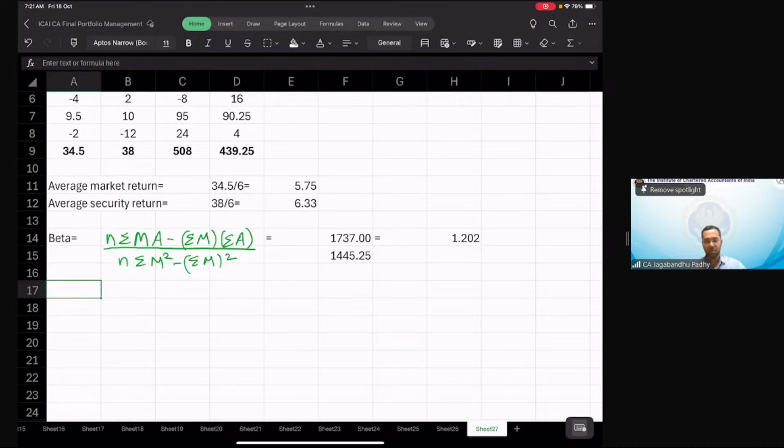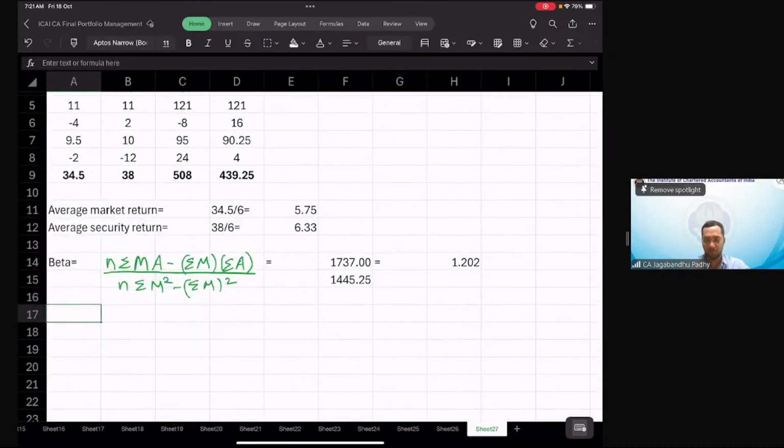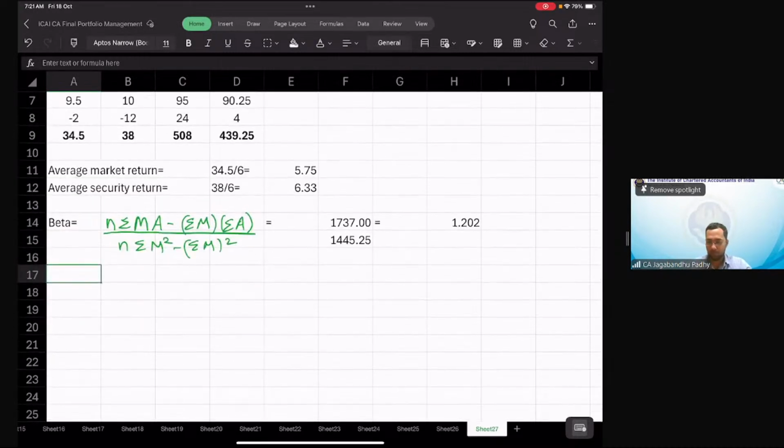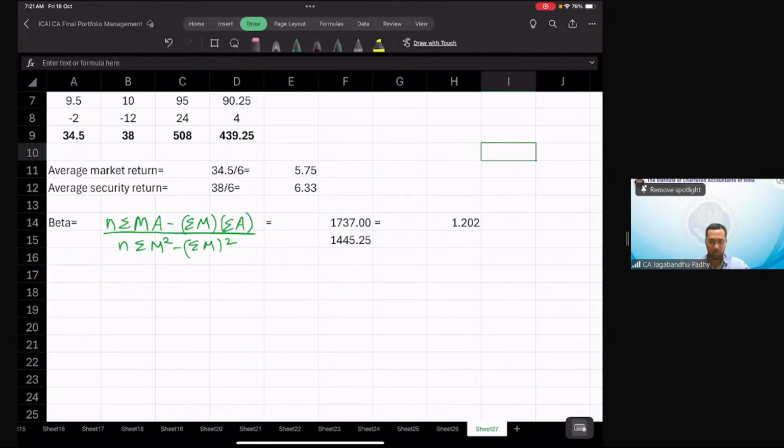So regression equation, we know it is of the typical form.